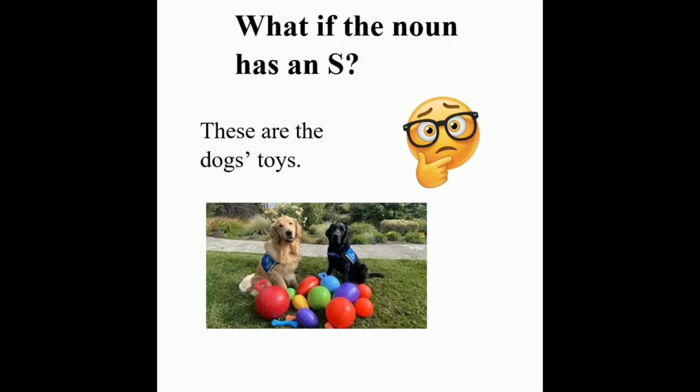Okay. What if the noun has an S? So here, these are the dogs' toys. Okay, so if we are talking about two dogs, not just one, two dogs, maybe they are siblings and they live together and these are their toys, then you would say dogs with an S, not an apostrophe before, but then right after the S, then you will indicate here that these two dogs, these are the dogs' toys.